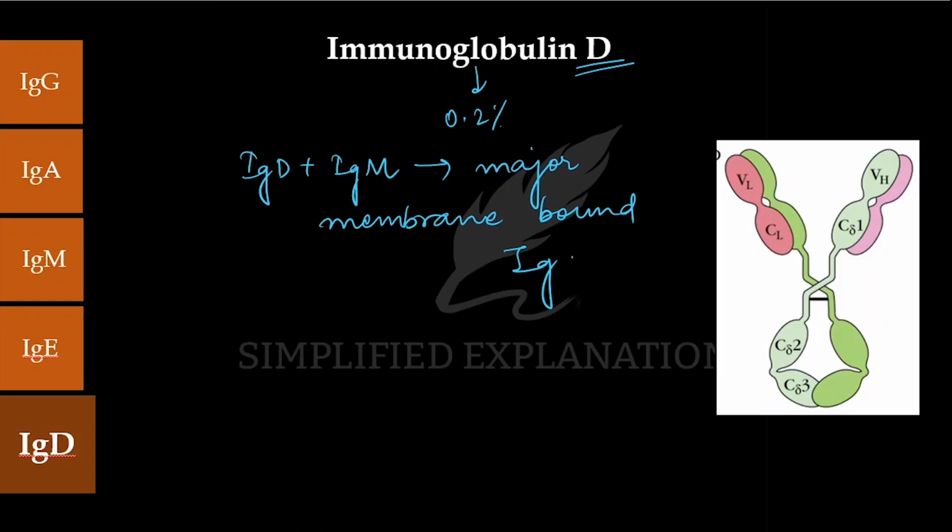Its function has not been identified yet. This is the structure of IgD. It has the delta heavy chain.